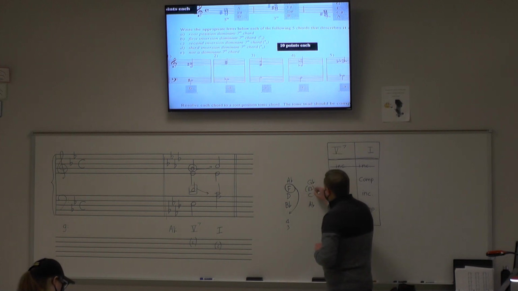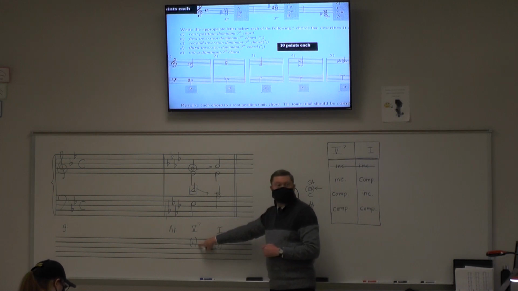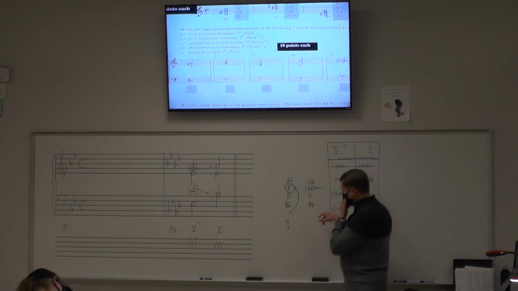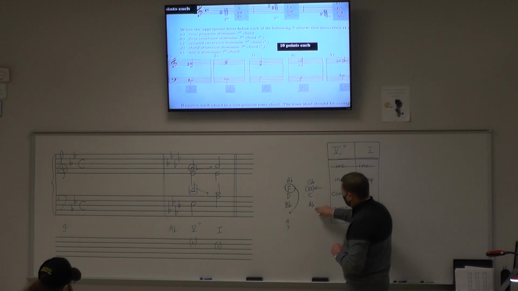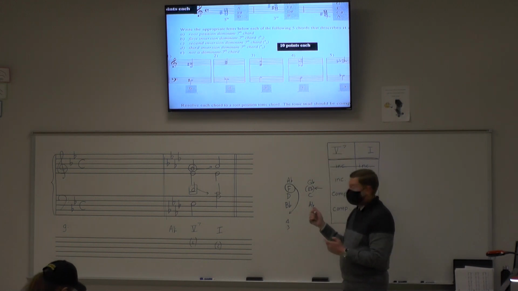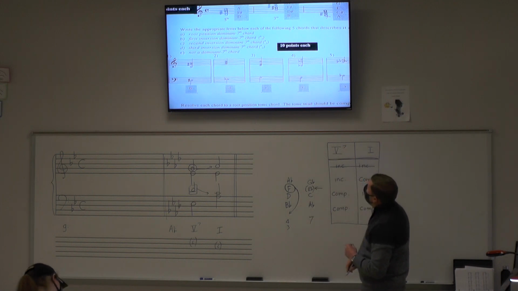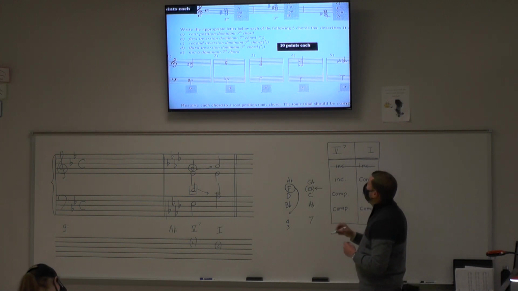But is it okay to have a dominant 7 without a fifth? Yes, it is. So really, this is an incomplete 5-7. But because when I stack it in thirds, I know the root is A flat, and you see how A flat is the lowest tone? So that means it's got to be in root position. And we show a root position 7th chord with a 7. So that's why that one is A, root position.